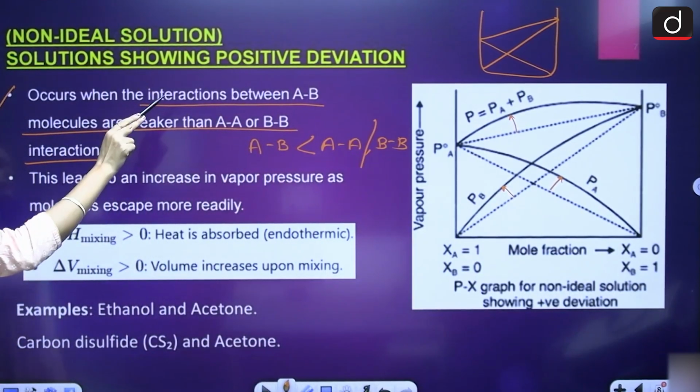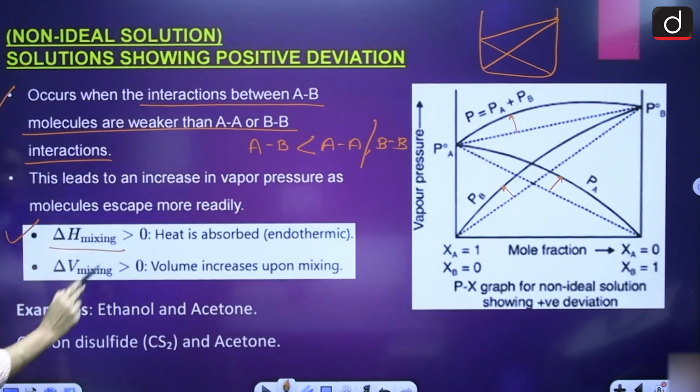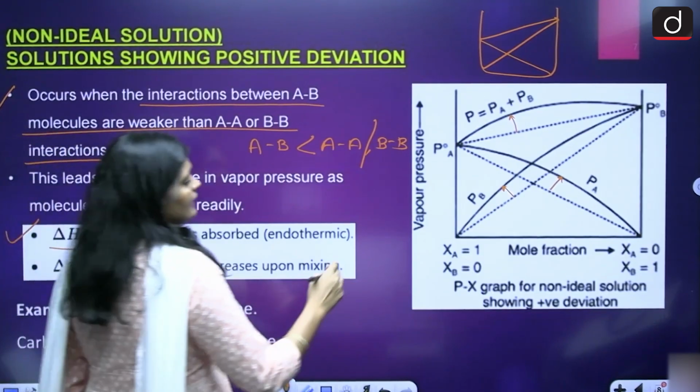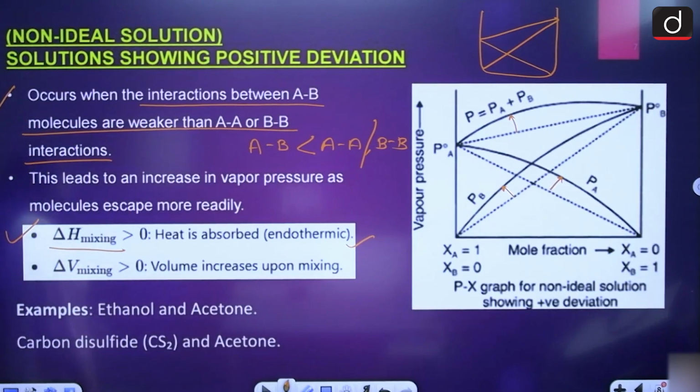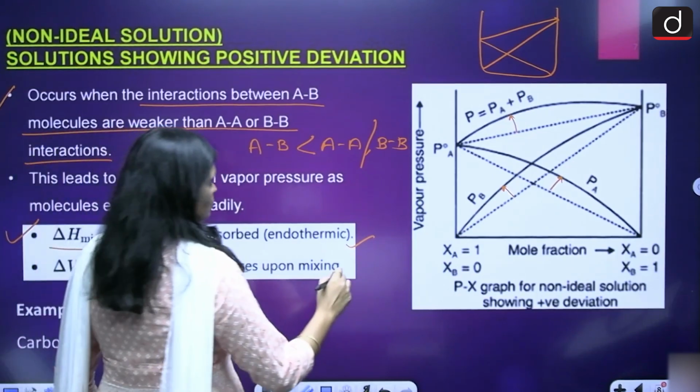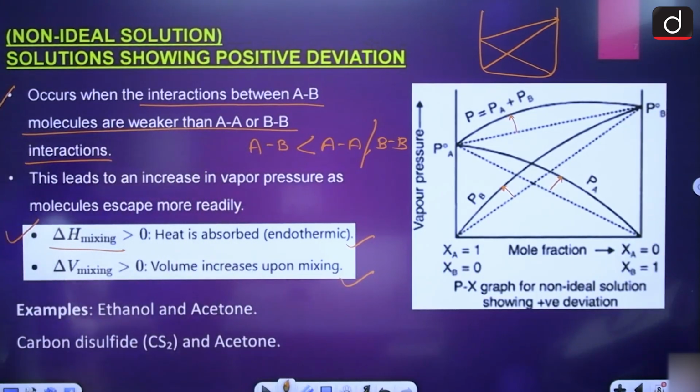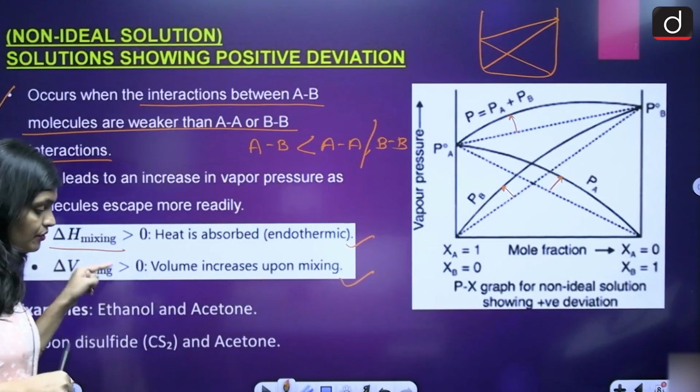So in positive deviation, delta H mixing is greater than 0. If the deviation is positive, the heat is absorbed, right? So whenever an endothermic reaction takes place, positive deviation. Volume also increases upon mixing. These are the conditions you have to remember.